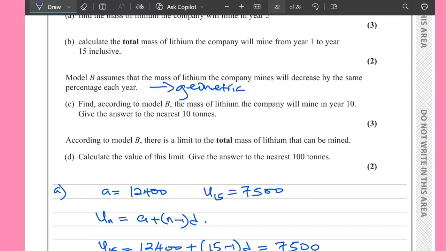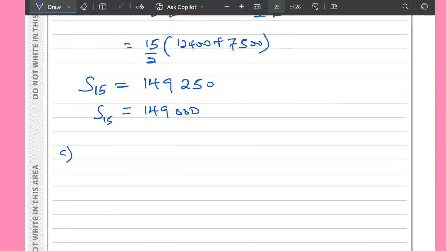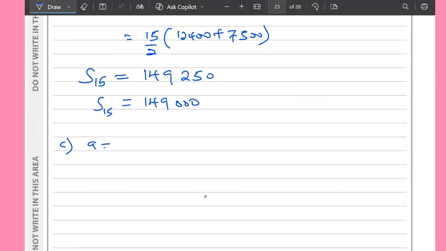So if we go by this, still part C, the first term you are given as 12,400, and the 15th term is given as 7,500. Now we need to get the value of the common ratio.